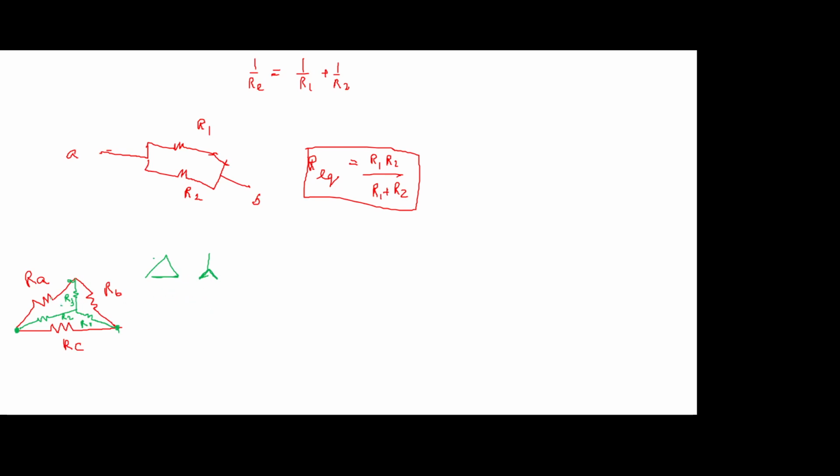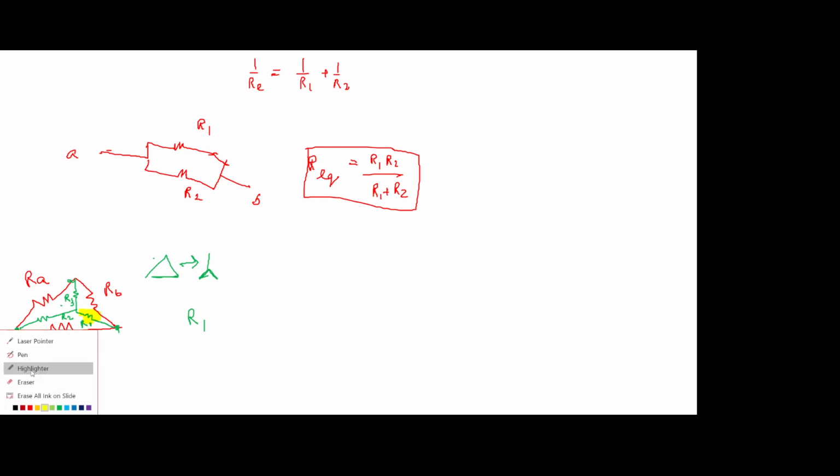So the trick to remember is, if you're converting from delta to star, that is from this red color circuit to this green color circuit. For example, we are calculating this particular resistance R1. We are computing this particular value R1.